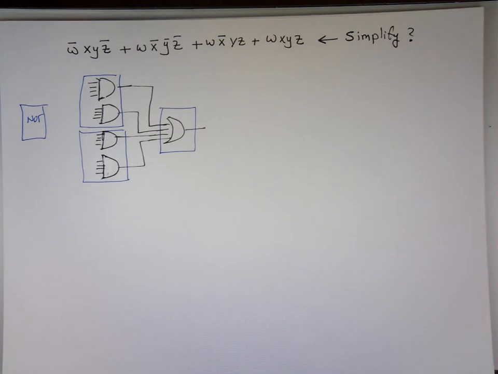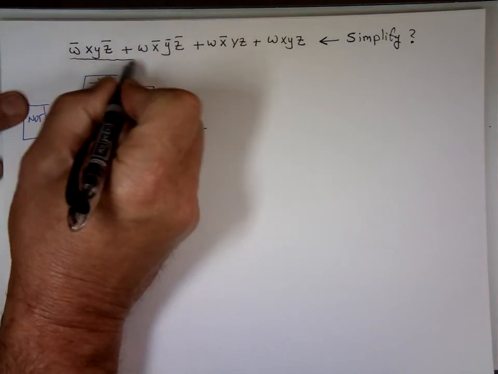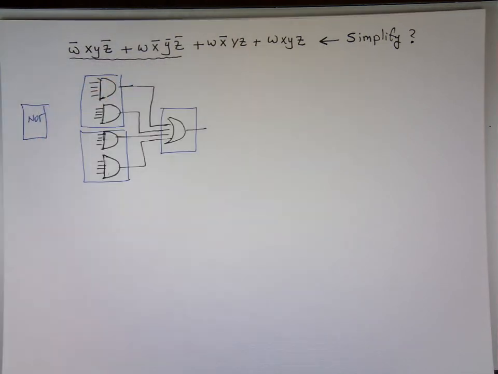Let's look at the Boolean algebra. Look at the first 2 here. Do you notice anything common to them? Z. Besides Z, there's more than Z. Let's see, wait. Did I copy the question right? The first one, W bar, X, Y, Z bar. So make sure I copied the question right.